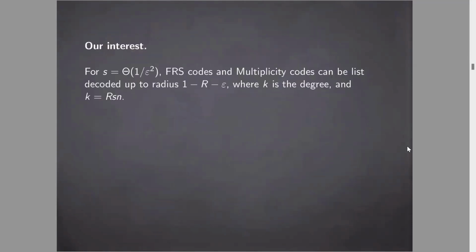Our interest is in this linear algebraic list decoding algorithm, which says that when the folding parameter s is roughly 1 over epsilon squared, FRS and multiplicity codes can be list decoded to capacity. But what is hidden here is an important feature, which is that for multiplicity codes, we get this list decoding performance only if the characteristic of the field is large. In particular, it needs to be at least as large as the degree parameter.